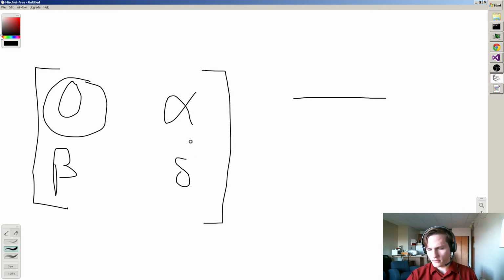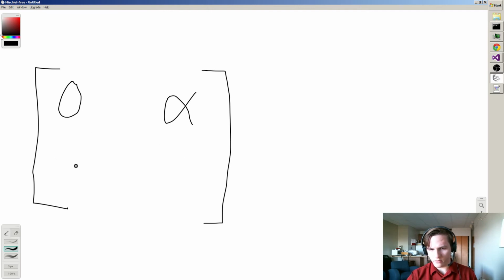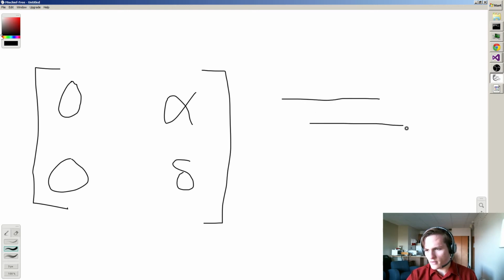What if those are both 0 though? What if I have a 0 here and my delta there? If that's not delta, let me know before I keep calling that delta, but I think that's lowercase delta. So I have two zeros. That means I have two lines that are both horizontal.